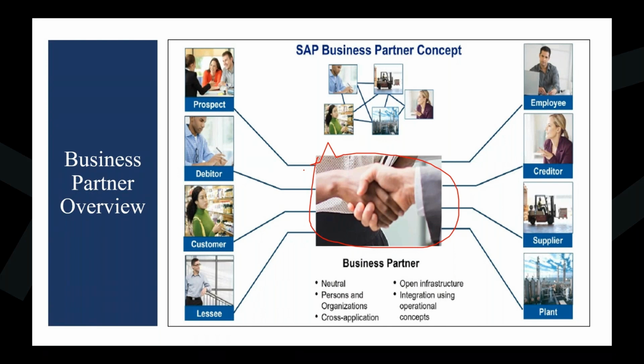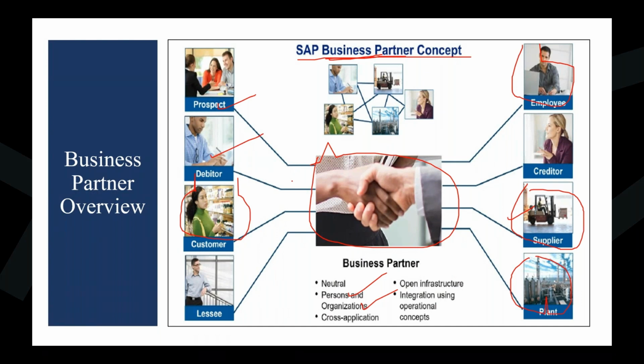All those stakeholders are called business partners. Suppose our internal employees, suppliers from whom we need materials for manufacturing, and our customers: all of these are called business partners. A business partner can be a person or an organization, internal or external. All those are called business partners.